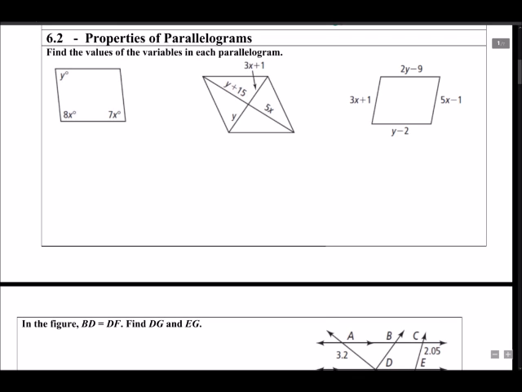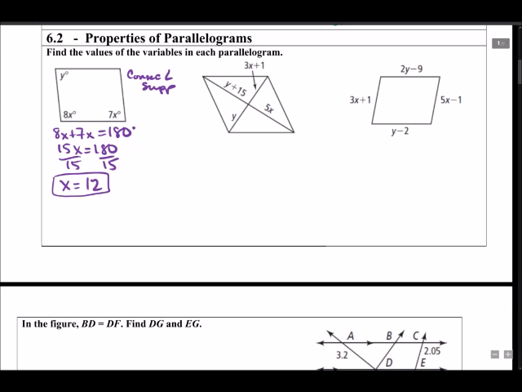If this is a parallelogram, I know that consecutive angles are supplementary. So I know that 8x plus 7x is 180. So 15x is 180, divide by 15 on both sides, just algebra now. So x is 12. There's my first one.